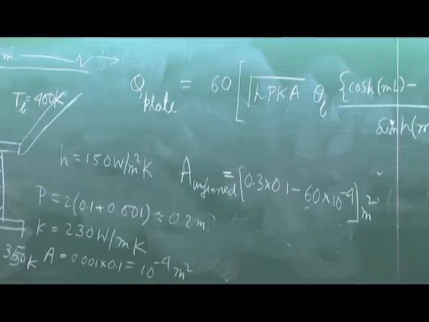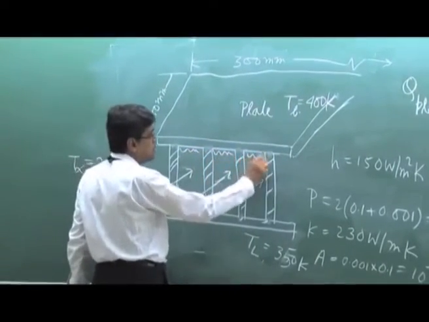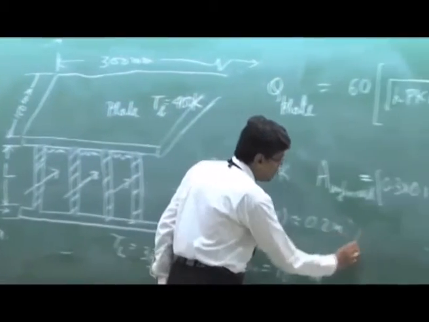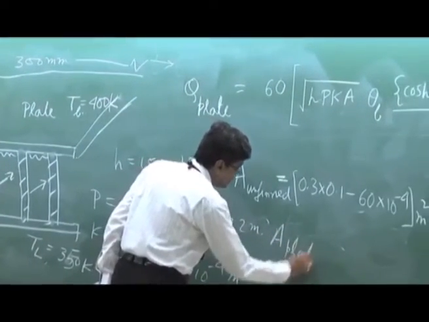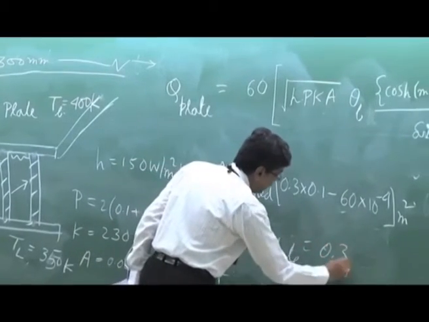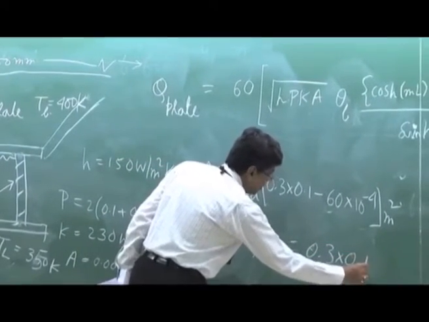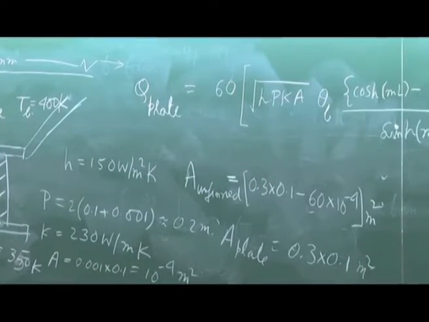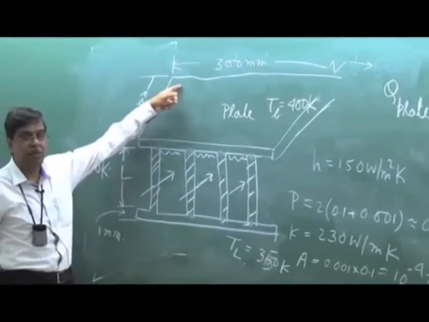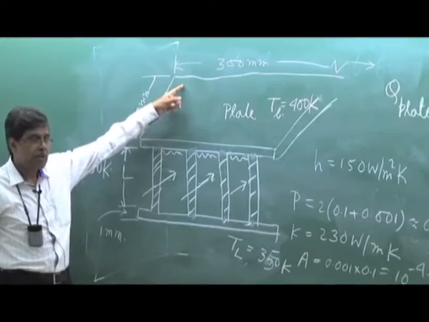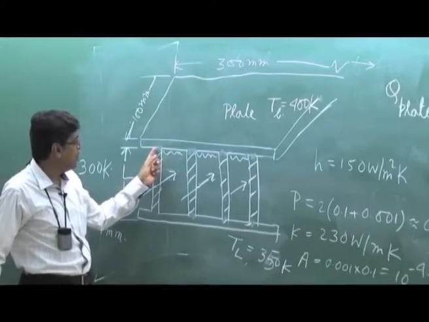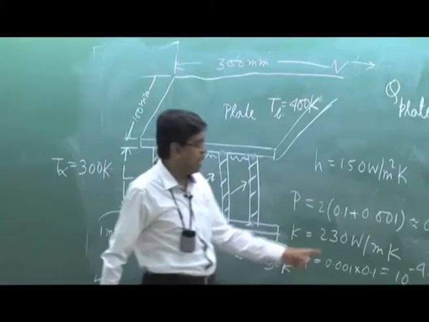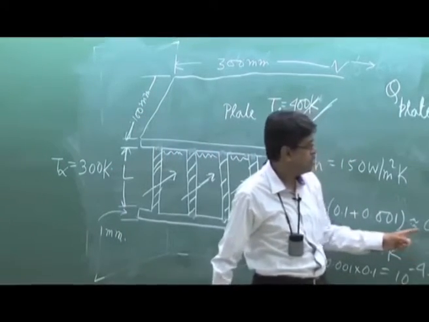Clear? That means this is the unfin portion. The plate area, A plate, is 0.3 into 0.1 meter square, that means 0.03. This is the plate area, 300 millimeter into 100 millimeter. The unfin portion is this area minus the cross-sectional area of each fin times 60.